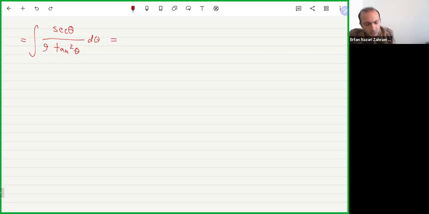So it's better to write everything, secant and tangent, in terms of sine and cosine to see what we get. We get 1 over cosine theta, that's secant. It's 9. Tangent is sine over cosine. Sine squared over cos squared. d theta.